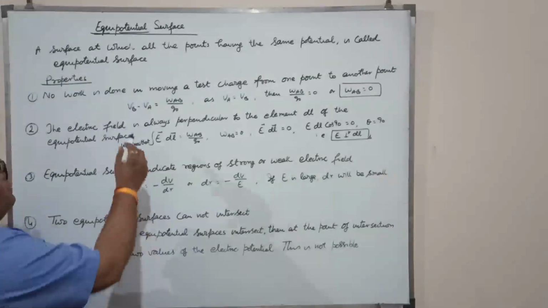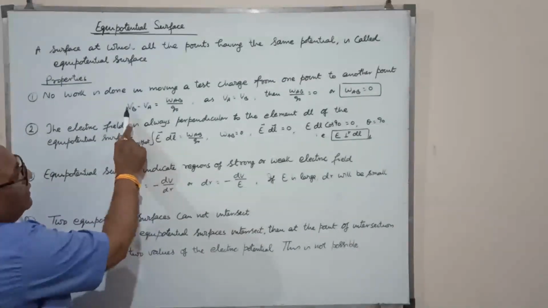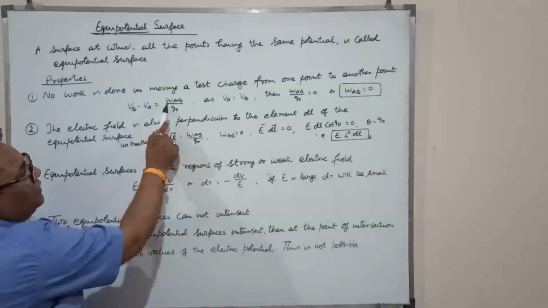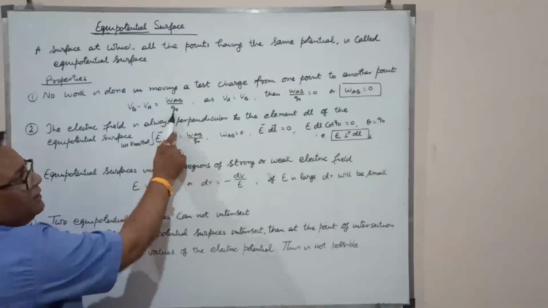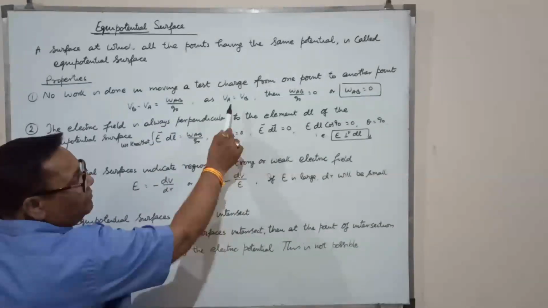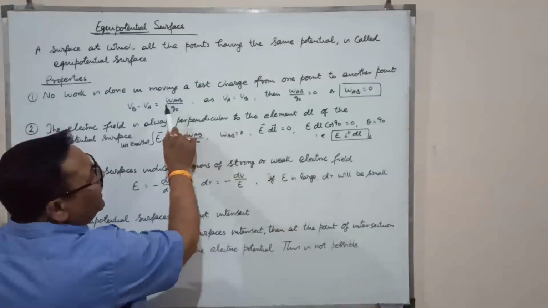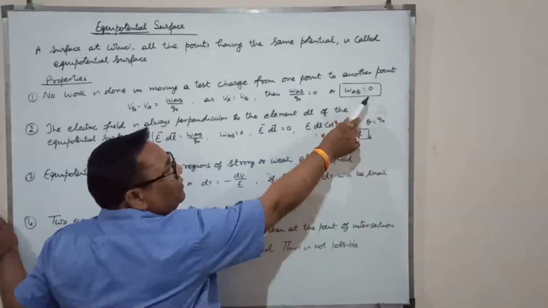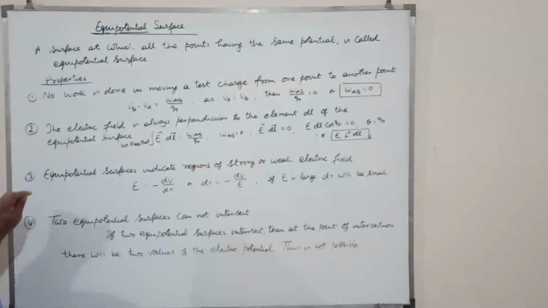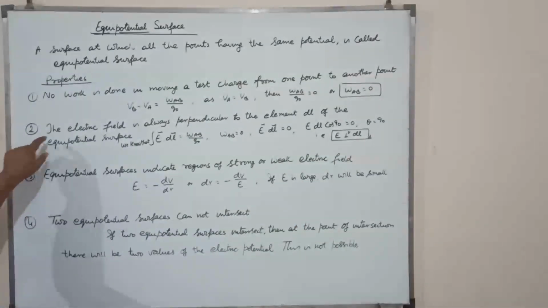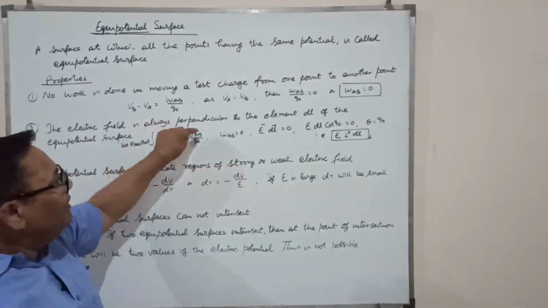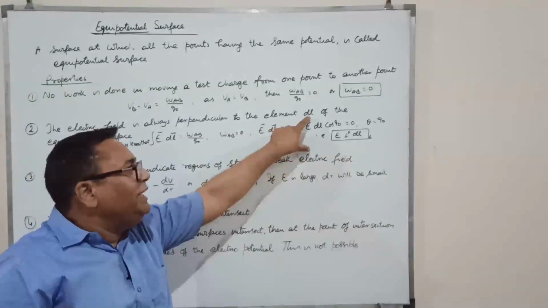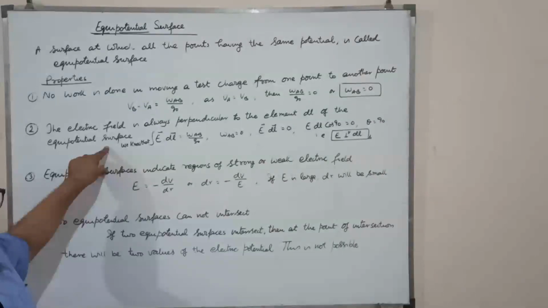Reason: we know that VB minus VA is equal to WAB upon q naught, but the potential is the same. VA is equal to VB, then WAB upon q naught is equal to 0, or WAB is equal to 0. Clear? Then the second property: the electric field is always perpendicular to the element dl of the equipotential surface.